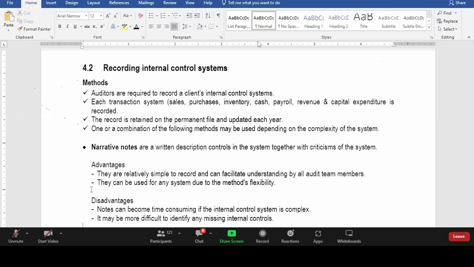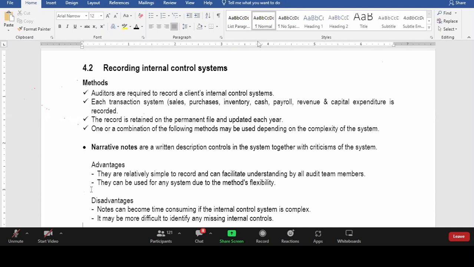So for a small firm, we have 3: purchases, sales, and payroll. But payroll could also be under expenditure, so just 2.